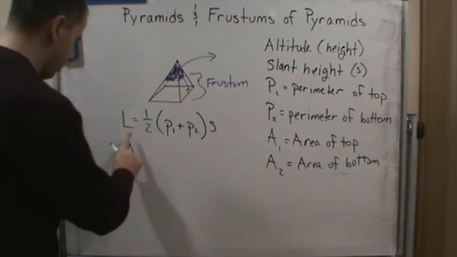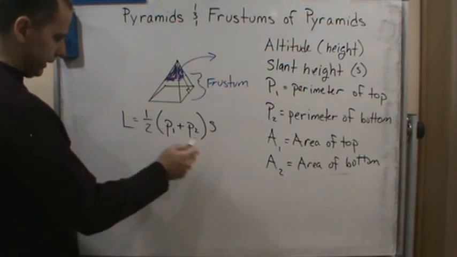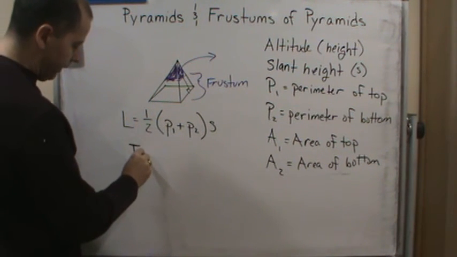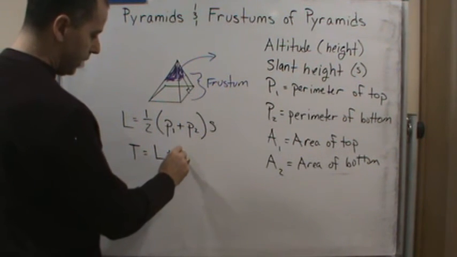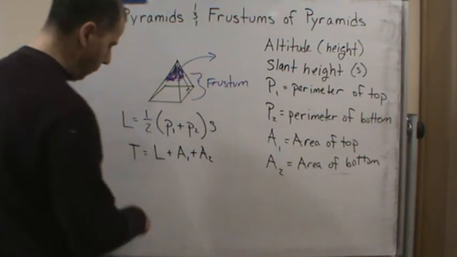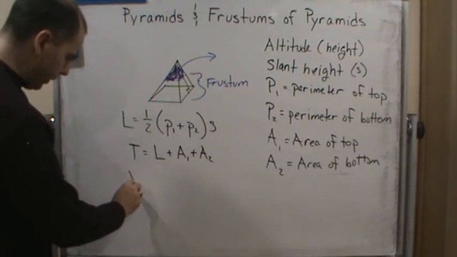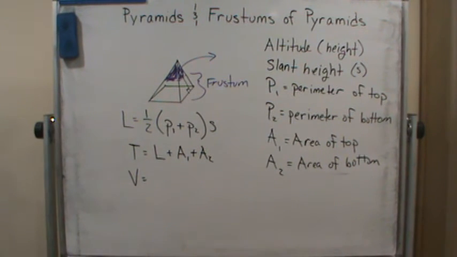And then the total area is really easy. The total area is going to be equal to the lateral surface area plus A1 plus A2. And then the volume is, effectively, just the volume of the large pyramid minus the volume of the smaller pyramid.